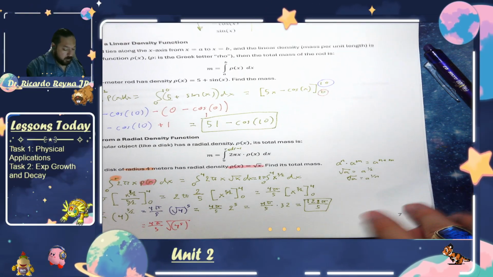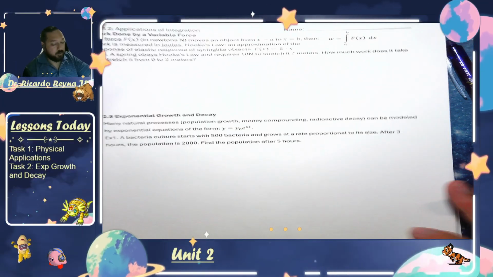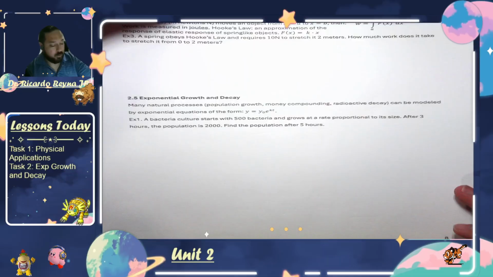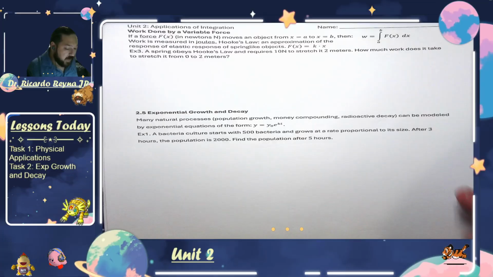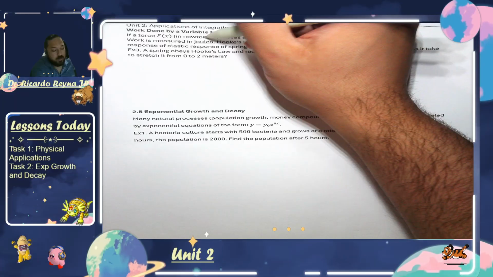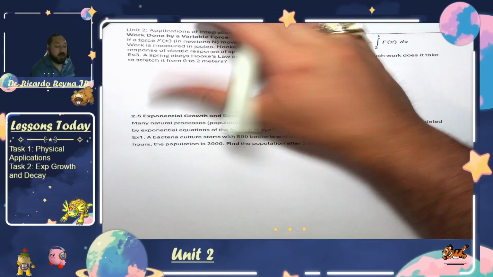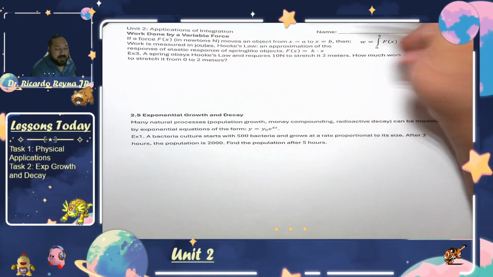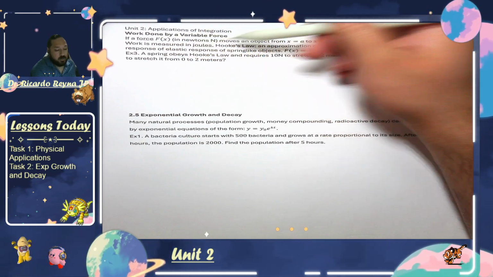All right. Next. The last form of application here. Work done by a variable force. If a force f of x, which produces newtons, moves an object from A to B, then work is measured in joules.